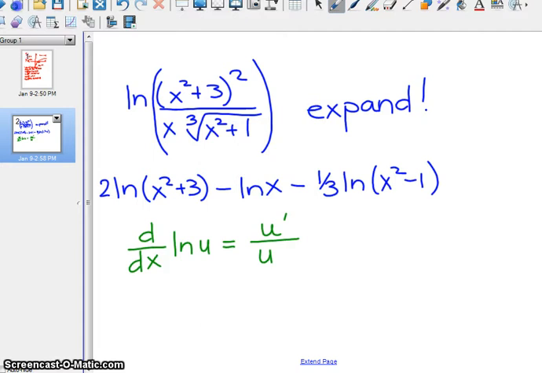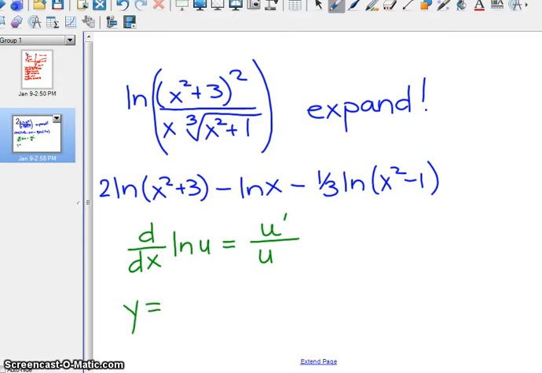So if we look at this original problem that we just expanded, if I asked you to take the derivative of that big quantity, you would be doing the quotient rule, the product rule, and the chain rule all in one problem. However, if you do it in expanded form, you're going to take the derivative of three separate natural log problems.